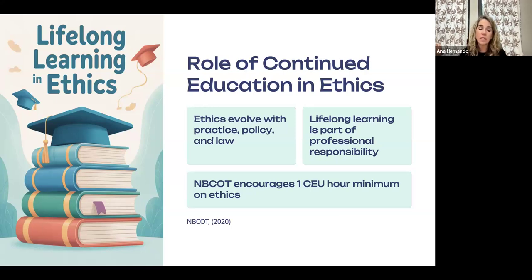I was surprised to discover that many therapists do not know where to locate their state practice act. That is the rules of that state in how you can practice as an occupational therapist. We know what AOTA says, we know what NBCOT says, but your state practice act are the laws that govern how you practice in a state.